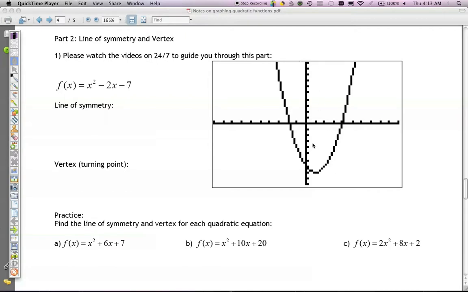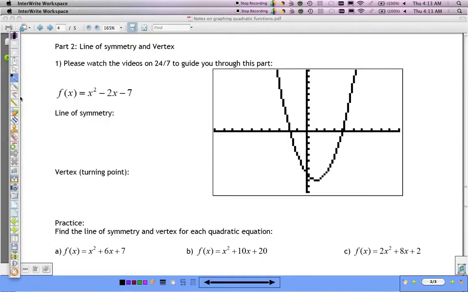So what we're going to do is there's actually a little formula to find the line of symmetry. If you also noticed, the line of symmetry needs to be, in this case, a vertical line, which means it has to be written not as y equals mx plus b, because remember that's the equation of a line, but as x equals something.